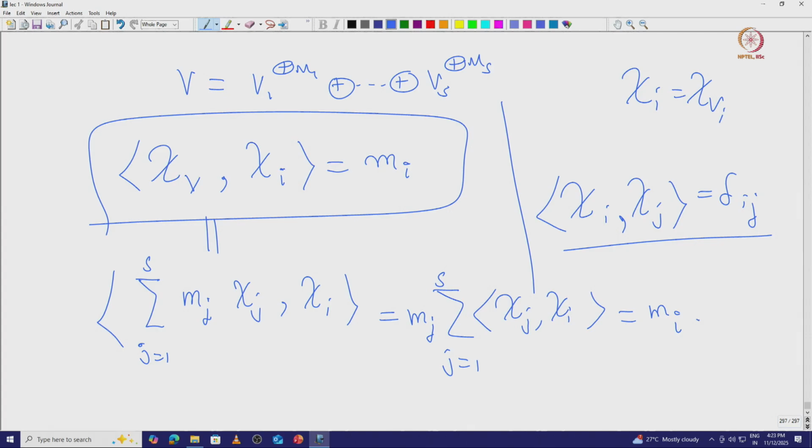So, by computing the character and then its inner product with the irreducible characters, one will be able to compute the multiplicity of this irreducible representation that occurs in V. So, this gives us a way of decomposing V into a direct sum of irreducible representations. So, basically the characters possess all the information about the representation.